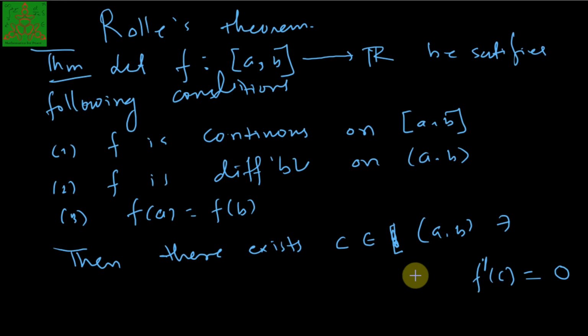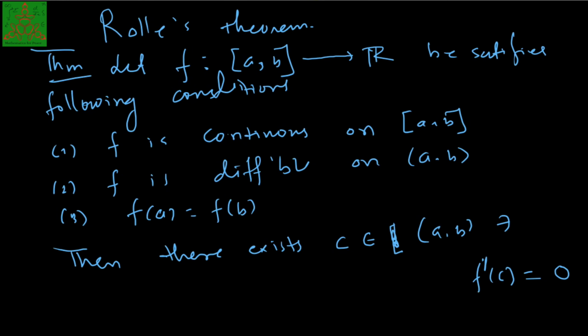Why is it mean value? Because in between this interval AB, at this point it will have a 0; its derivative is 0. Now let us try to prove this statement.